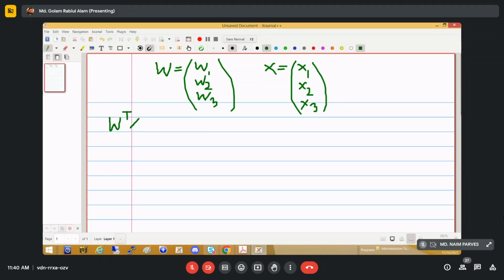And then W transpose X, we want to find out the product of W transpose dot X. W transpose means it will be in row, and X is our X. Okay, so it is like a column.